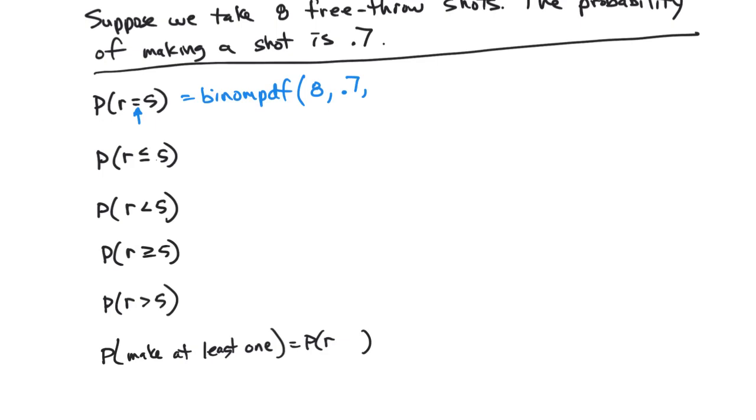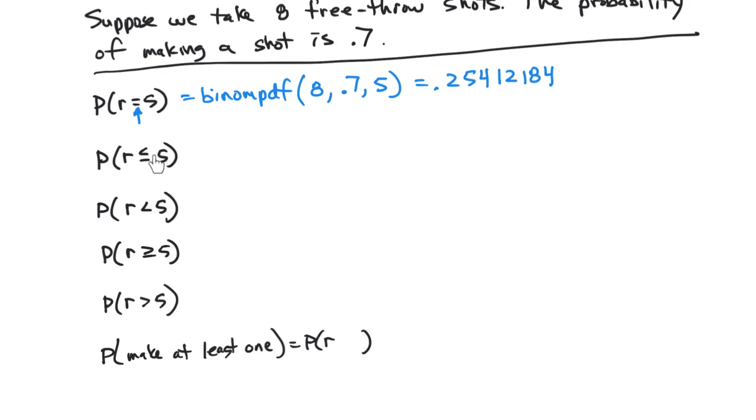R is the number of successes, 5. So if you punch this in your calculator, it looks like we have about a 25% chance of doing that. If this question were in the homework and you look in the back of the book, it's going to say 0.254, right? So when there's an equal sign, it's binomial PDF every time.